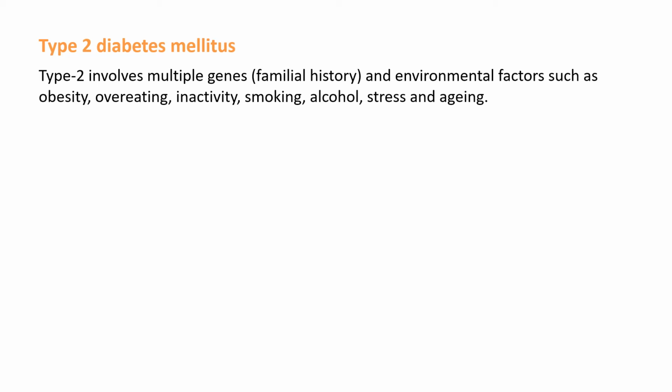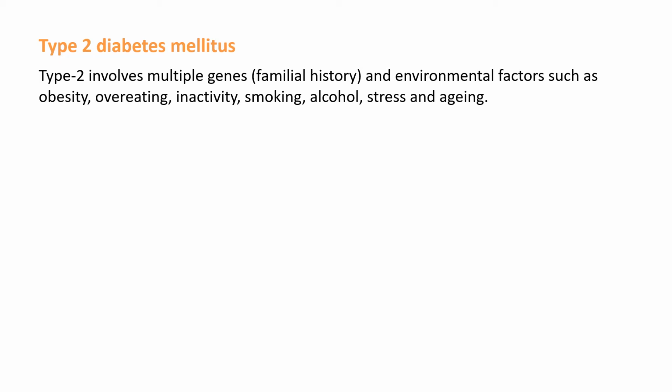Which brings us on to type 2 diabetes mellitus. Again, we have a genetic component, so there is often a family history. There is often a strong effect from environmental factors, such as overeating, obesity, inactivity, smoking, alcohol, stress, and aging, all those things that we shouldn't really do.